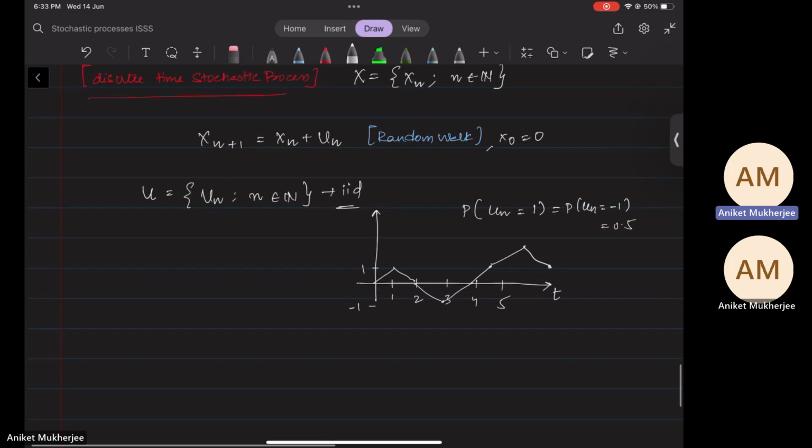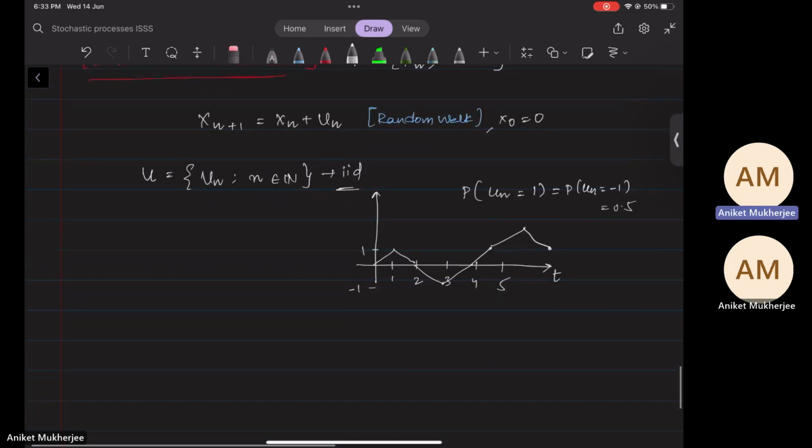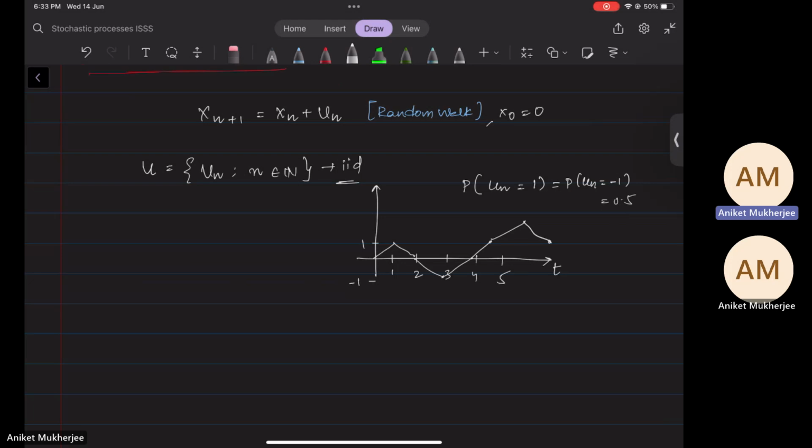We'll show that the random walk has the independent increment property. Before that, we'll first find what X_t is. So X_t is equal to X_t minus X_0, because X_0 is 0, so I can subtract it. Then X_t minus X_s plus X_s minus X_0.